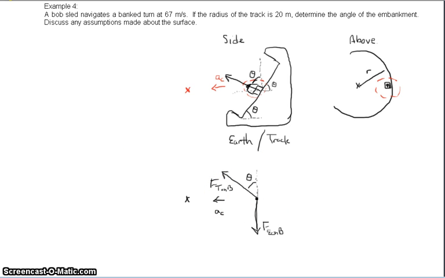Alright, now if we look at this, we're going to have to use components. So we're going to have the force of the track that's exerted straight up.